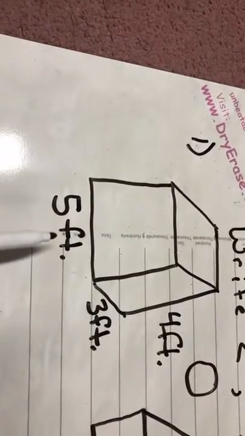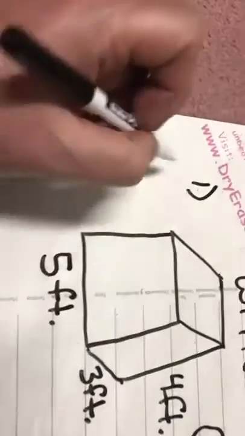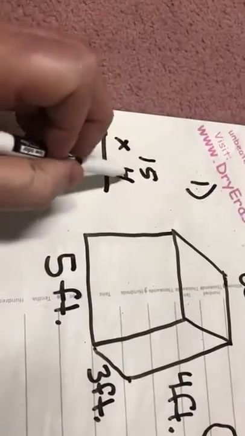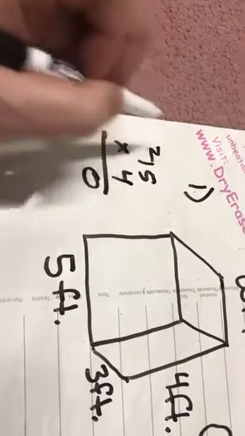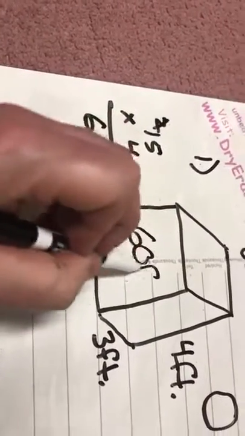I'm just going to do 5 times 3. That's 15. Then I have to take 15 times 4. It's simple scratch work. 4 times 5 is 20. I put the 0 down, carry the 2. 4 times 1 is 4, plus 2 is 6. I get 60. So this one is 60 cubic feet.